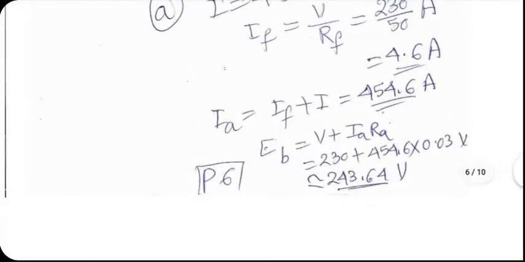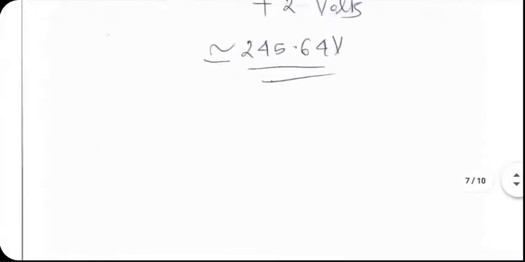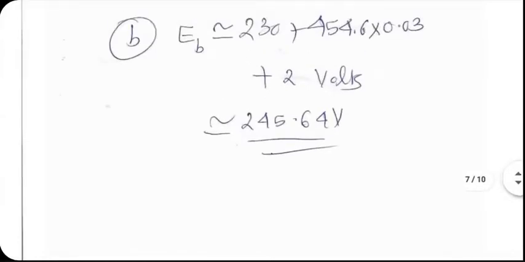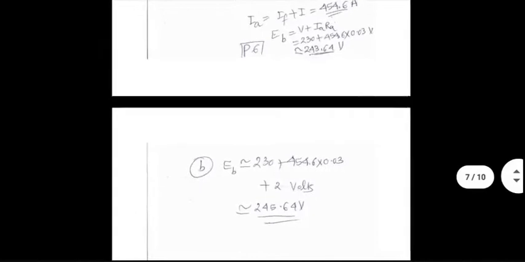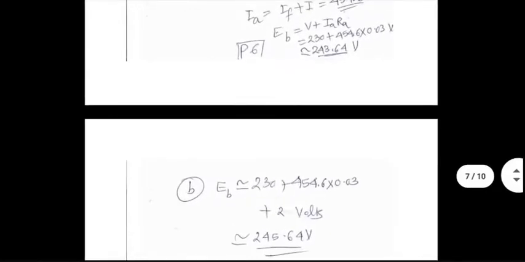So the answer in part A and answer in part B, they simply differ by 2 volts. That's it. No equations required. If by chance number of brushes is more than 2, then you will make appropriate changes. Normally we assume 2 brushes anyway.